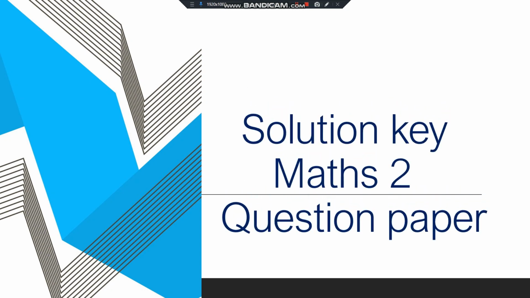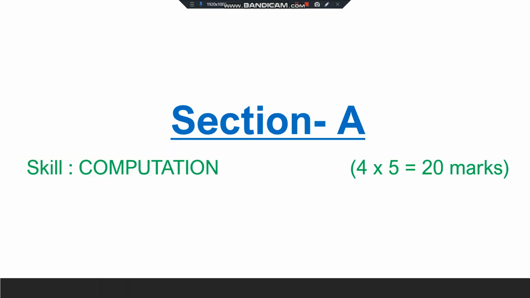And let's start today with the discussion of the solution key of your Maths 2 test paper, which was of descriptive type, and there were two sections in the paper.